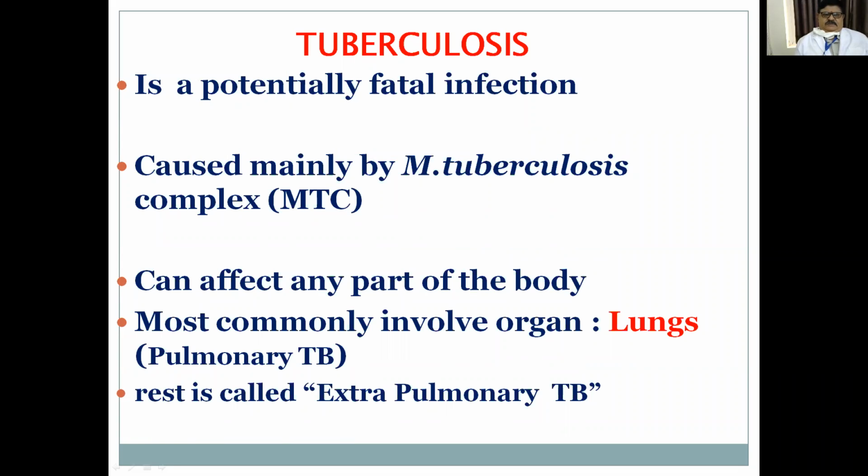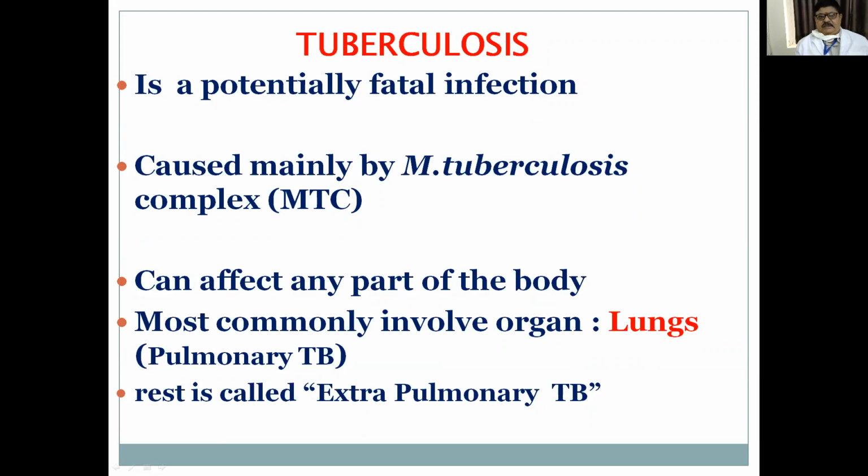Coming to the general account, tuberculosis is a potentially fatal infection, especially in earlier days, TB was very much feared, but right now we have drugs. And the state is giving good support: the National Tuberculosis Elimination Program by the Government of India.